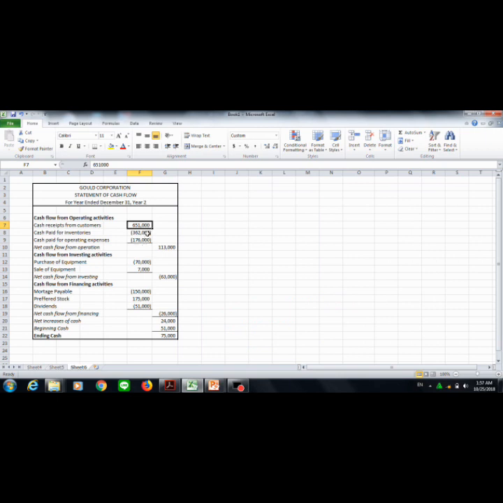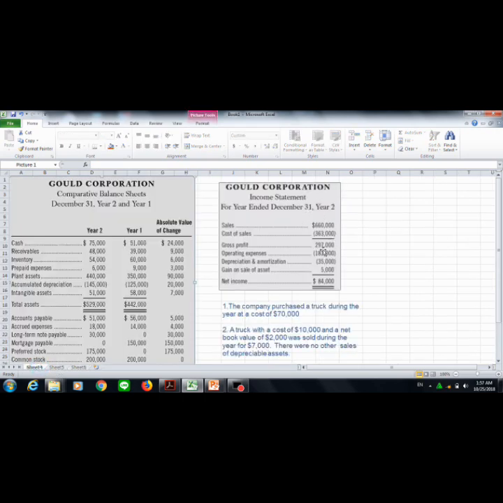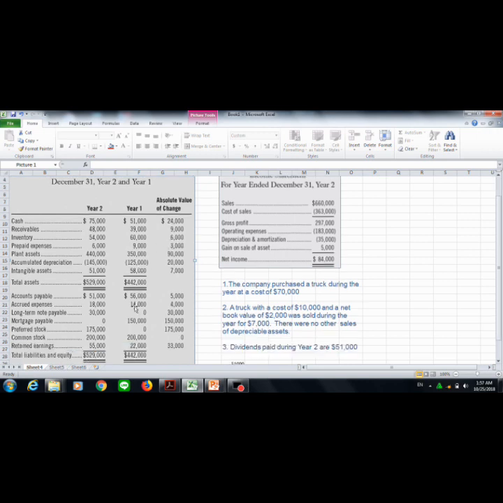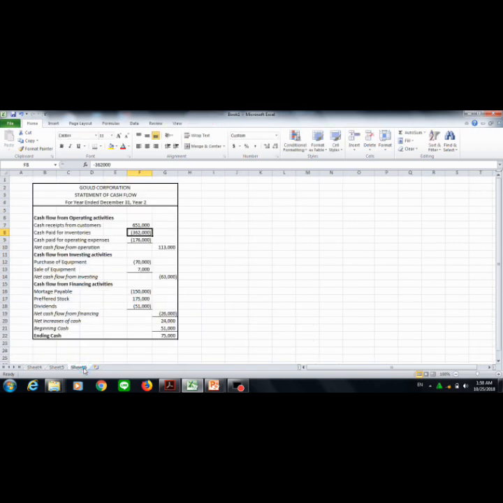And this cash paid for inventories, the amount is from this cost of sales, 363,000 minus decreasing inventory 6,000, and plus the account payable 5,000. So the amount is 362,000.